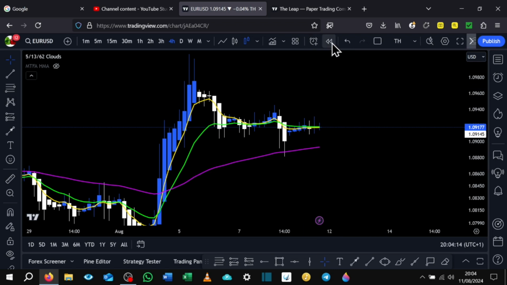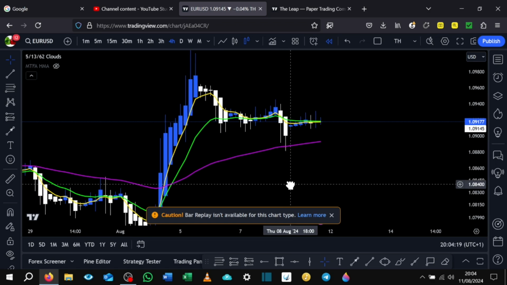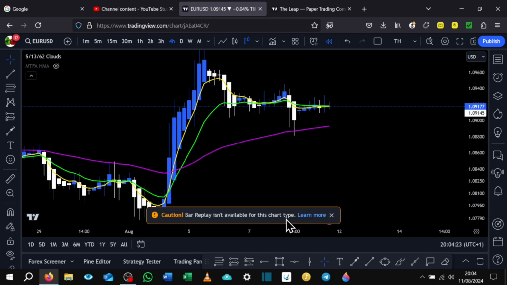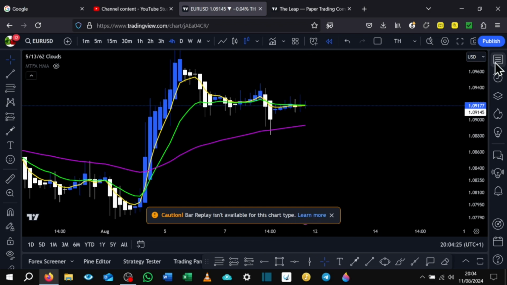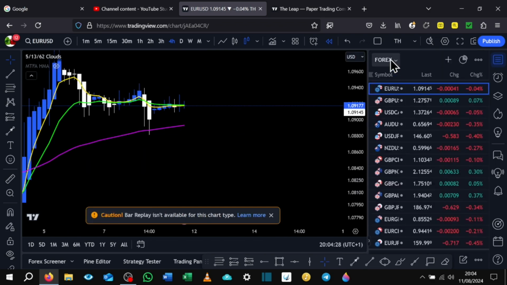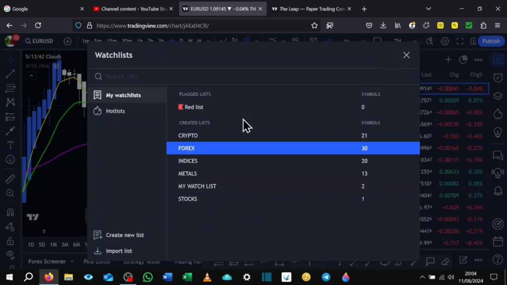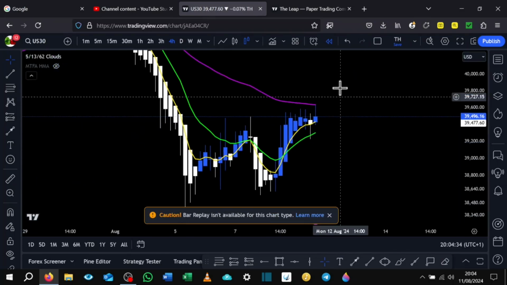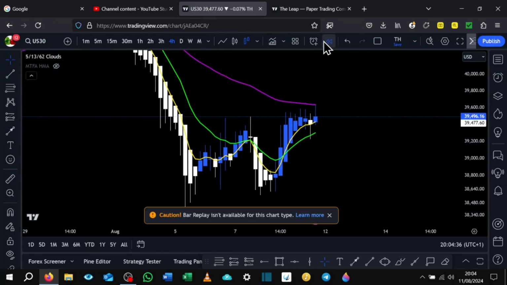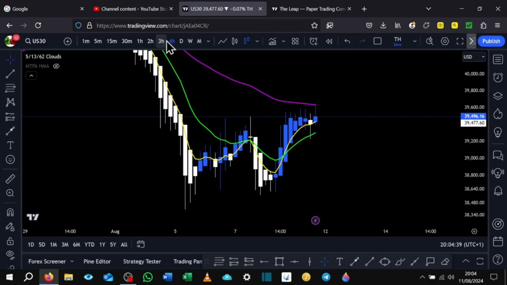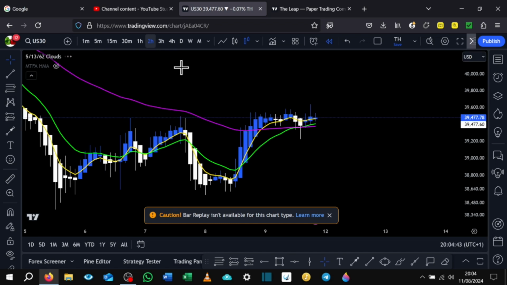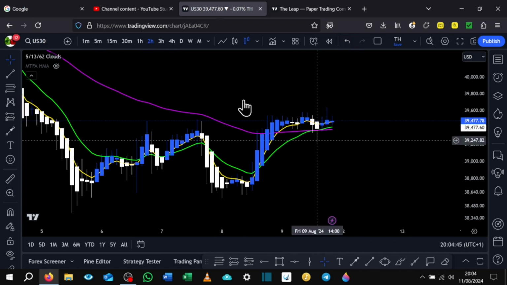You can also do some good back testing with... okay, bar replay isn't available for this chart type. Let me see if we can do it. Is it because it's the 4-hour time frame? It might be because it's the 4-hour time frame. Okay. That's interesting.